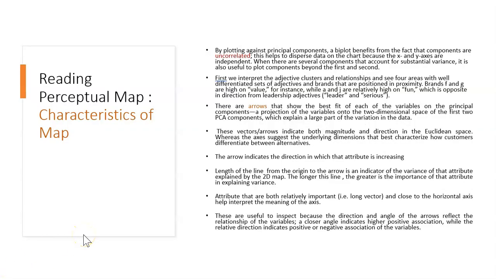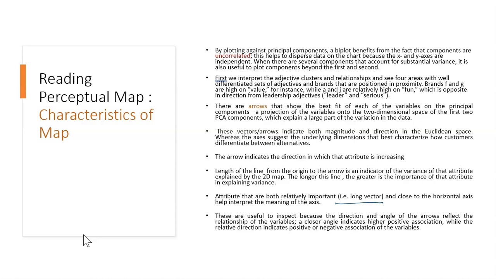Like I mentioned, the arrow shows the best fit for each of the variables, and these vectors indicate both magnitude and direction. So if the arrow is a long vector, then it is relatively important.